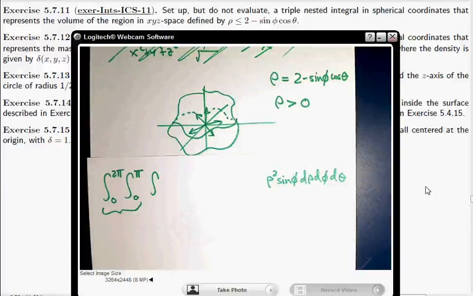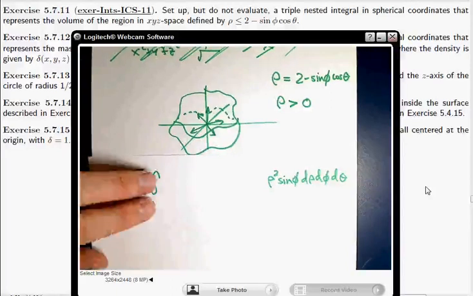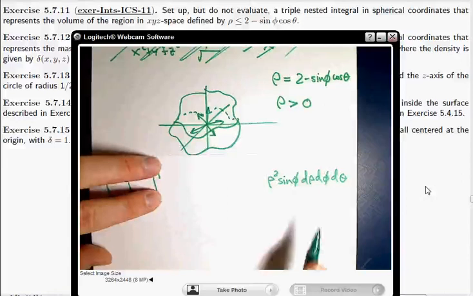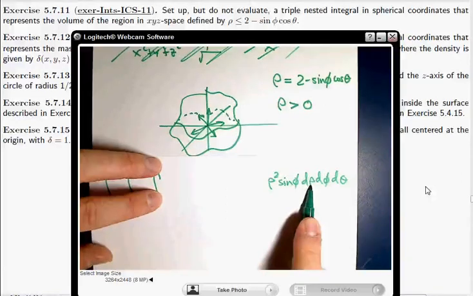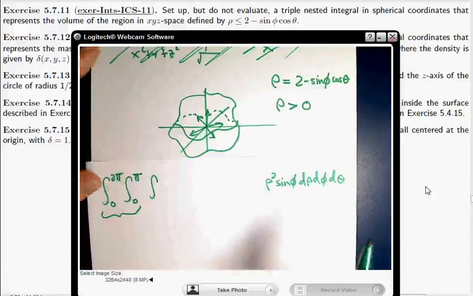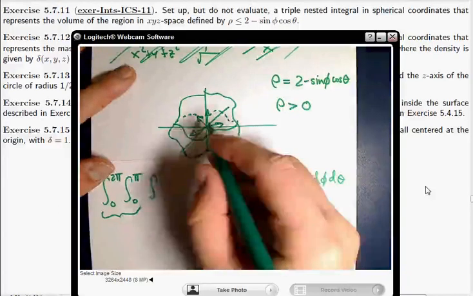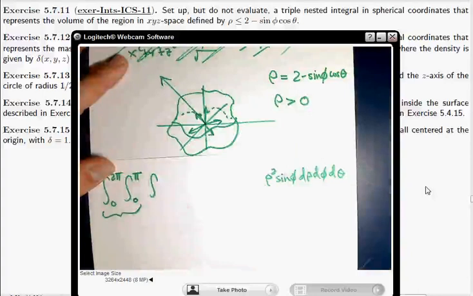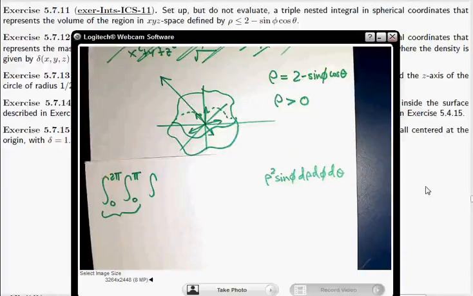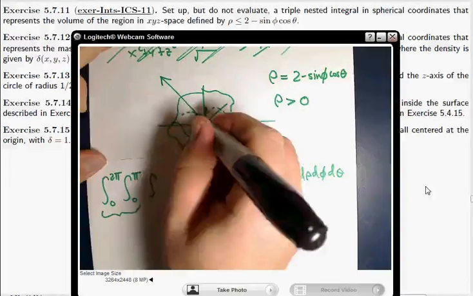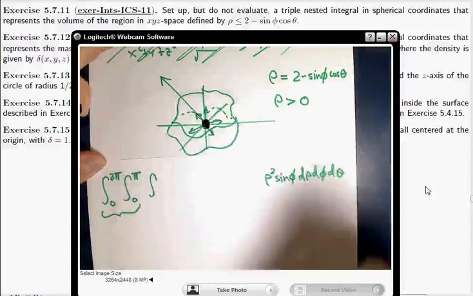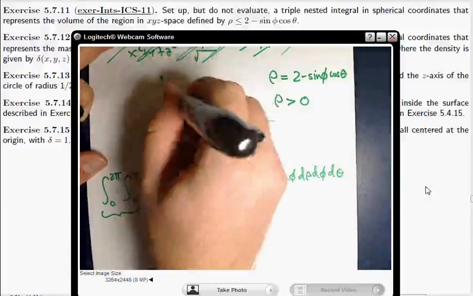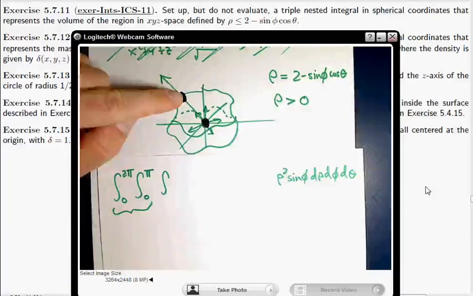Okay. So the only thing that remains is to figure out the range of values here for rho. Well, for any given value of phi and theta, I'm looking off in some direction. Rho is going to start at 0, and rho is going to end at a point like that, and that's a point that's on this surface.